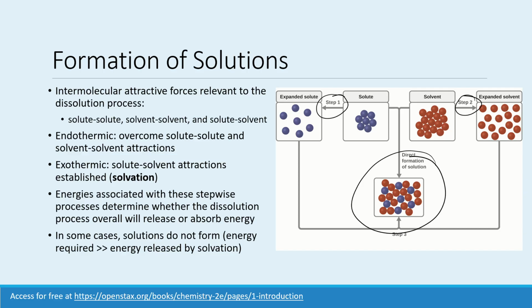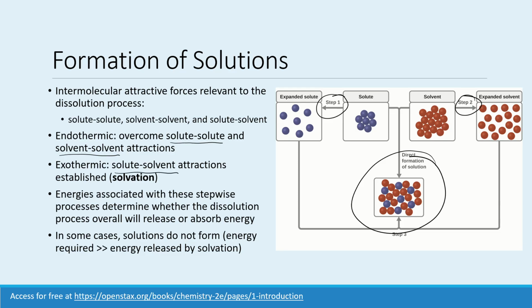The magnitude of energy for each of the three types of attractive forces is going to help us determine whether an overall formation of a solution is exothermic or endothermic. So remember, endothermic solutions are going to be when you have stronger solute-solute and solvent-solvent attractions, and weaker solute-solvent attractions.